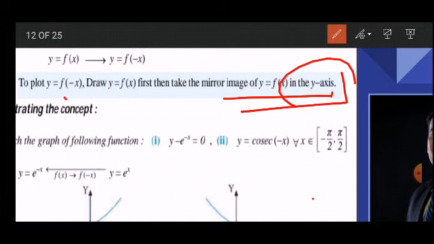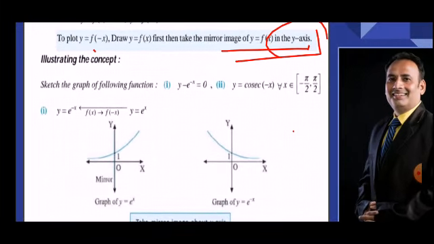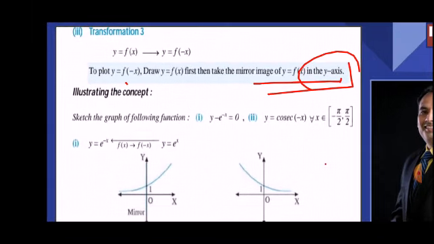So let's say we have to draw the graph of y equal to e to the power minus x. We have to take the mirror image with respect to the y-axis, as it is said here. Later on we have to practice the graph of cosec(-x) in the interval minus pi by 2 to plus pi by 2.